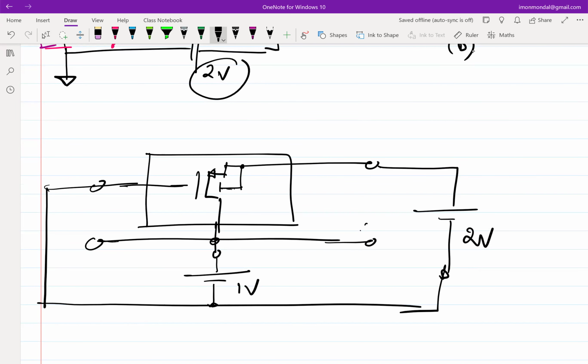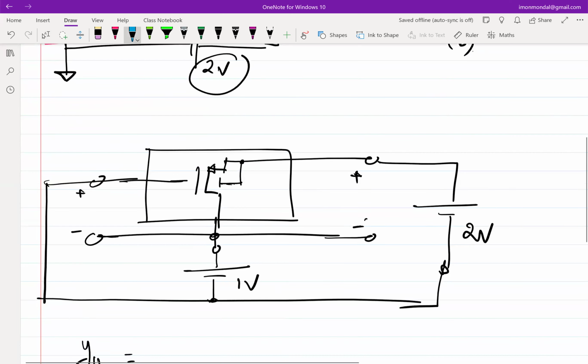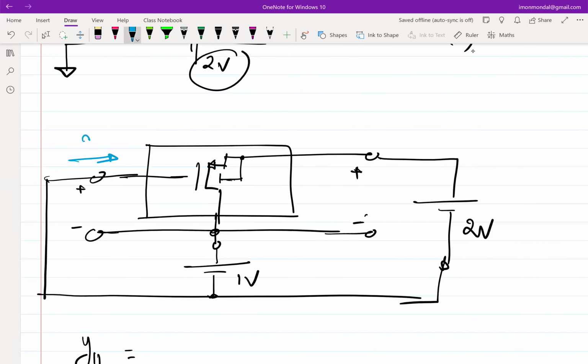Now, if we say this is the input port and this is the output port, and I want to figure out what is Y11. Can you comment on what will be Y11? Before that, can you comment what will be the current I1 into this node?